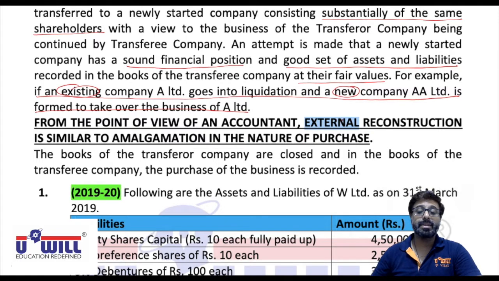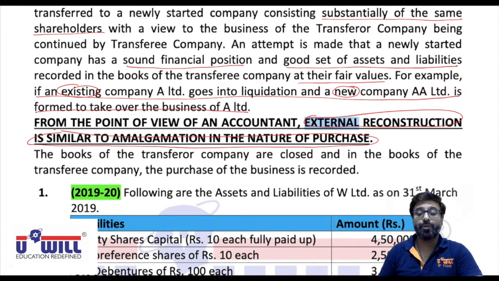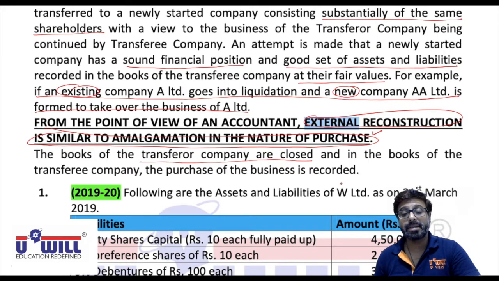I repeat, all of you have to remember that external reconstruction is similar to amalgamation in the nature of purchase, not merger. The books of transferor company are closed, so those entries remain same. And in the books of transferee company, the purchase of business is recorded.